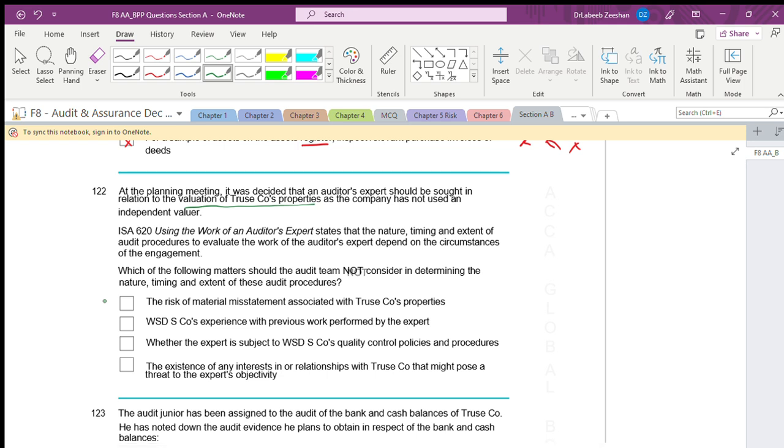You should get advice from the expert. On what basis, what are the assumptions? We cannot go straight forward and do it. We need the advice of the expert, as the company has not used an independent valuer. Now, ISA 620, make it a point.